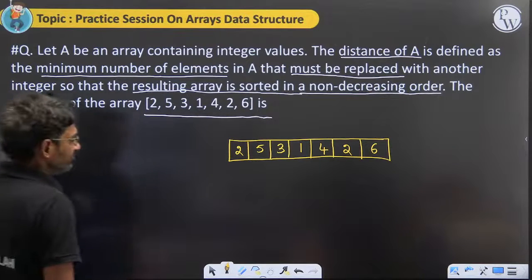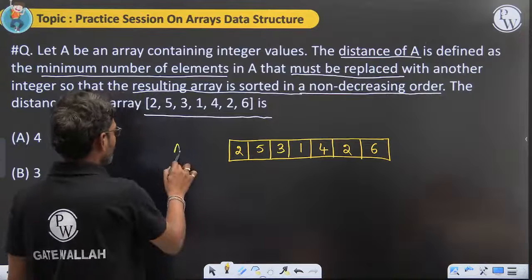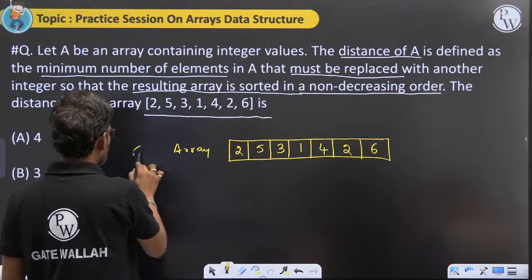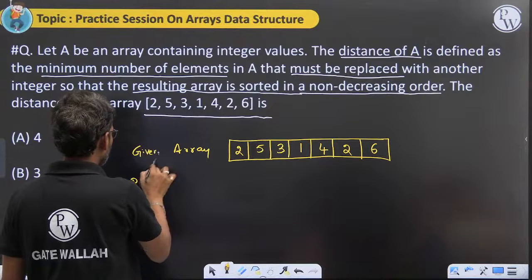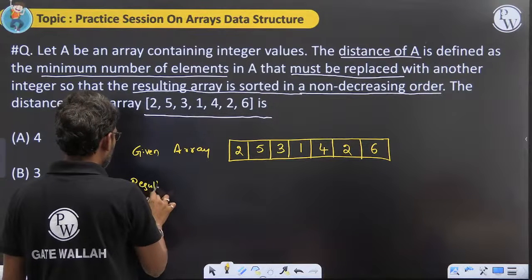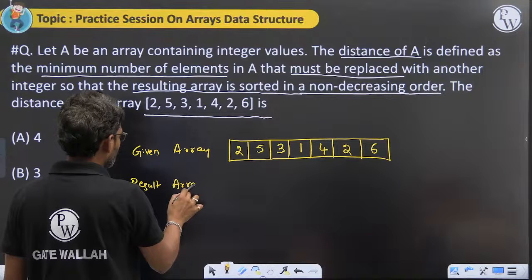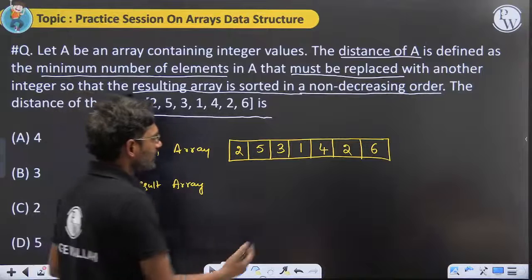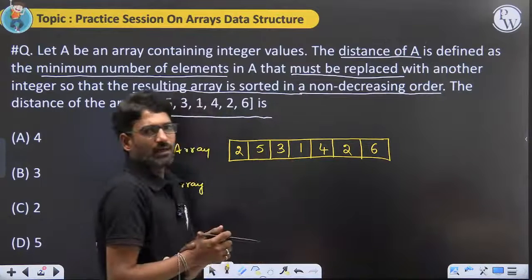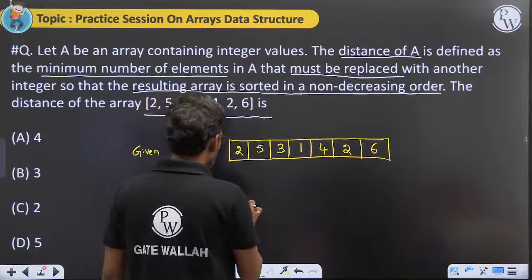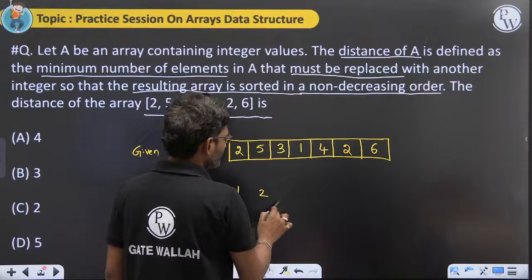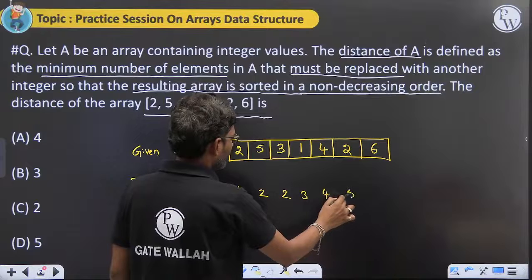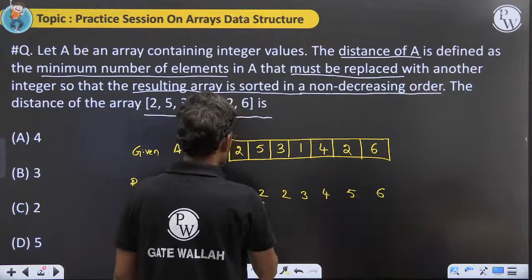Let's see. So this is the given array. The resultant array we are expecting in the ascending order or non-decreasing order. So if you arrange these in ascending order, we will have 1, 2, 2, 3, 4, 5 and 6.